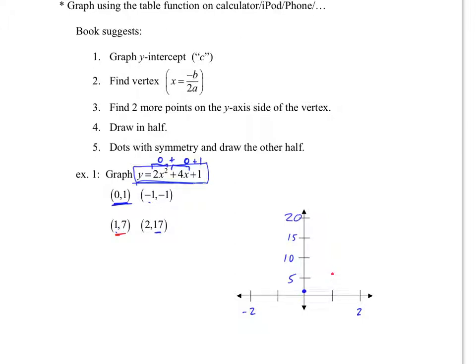Is it possible that I'd have -1, -1? Because our parabolas are supposed to be symmetrical, agreed? It's supposed to do something like this here. But it should be -1, +7. I'm sorry, -1, +7. So this one should be -1, +7.